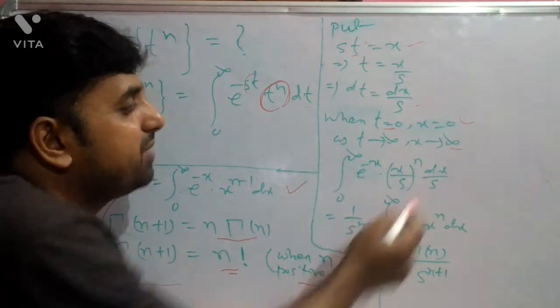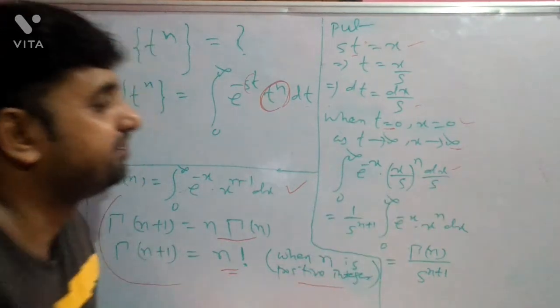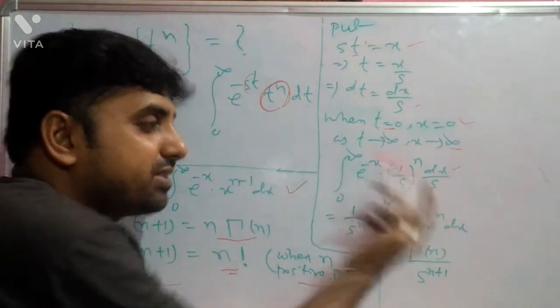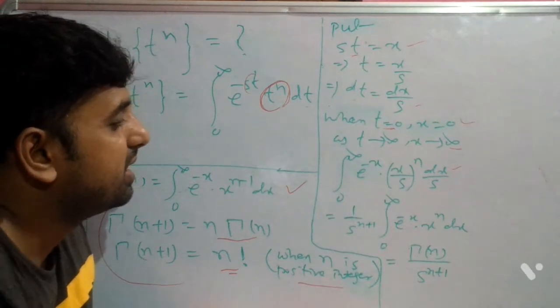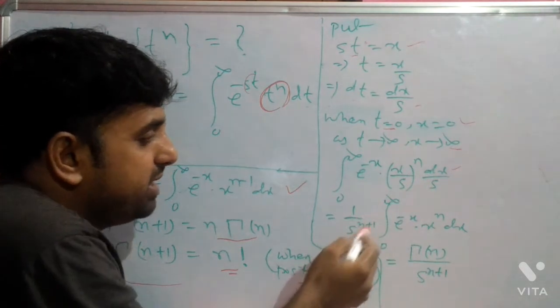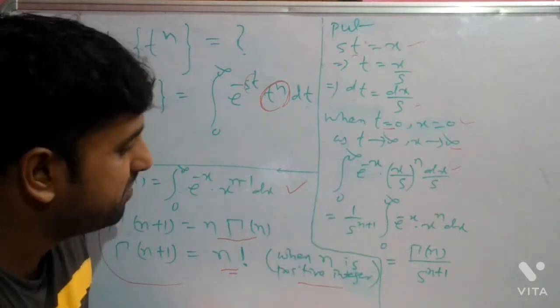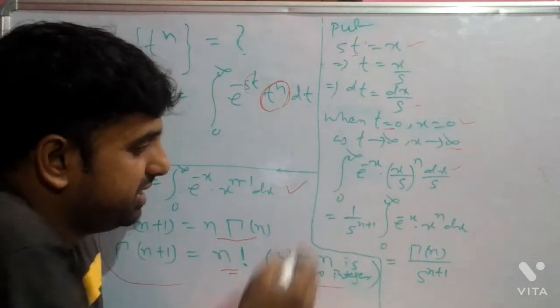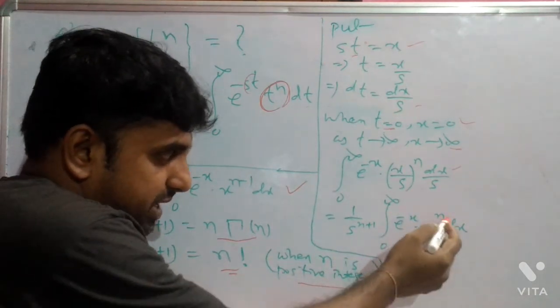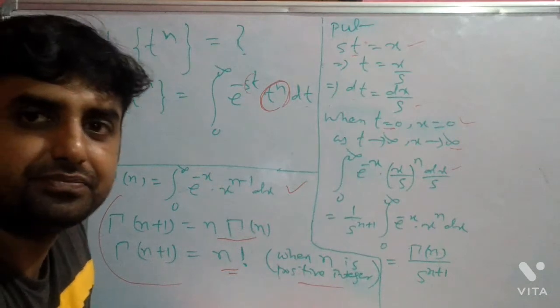Now we have to integrate with respect to x. We consider s as constant. So it will be 1 by s to the power n plus 1, integration from 0 to infinity, e to the power minus x, x to the power n into dx.